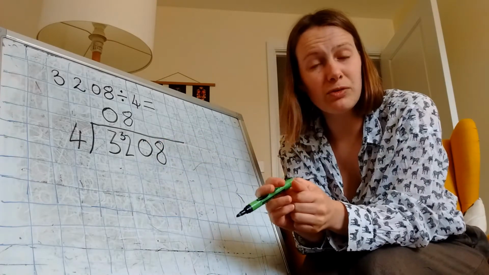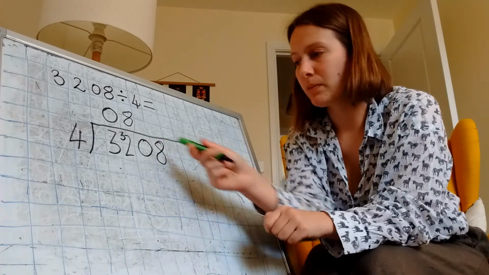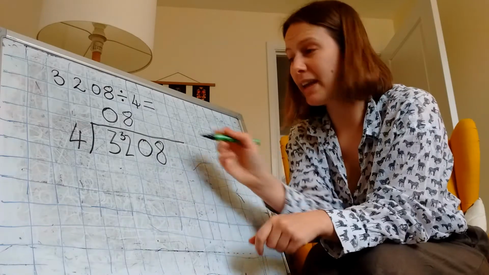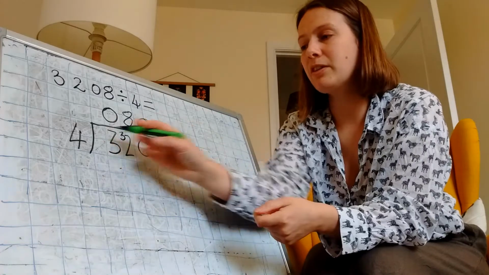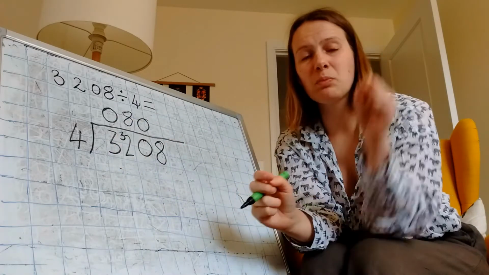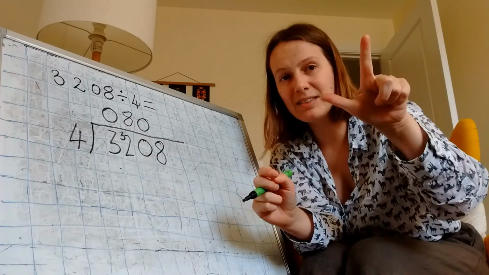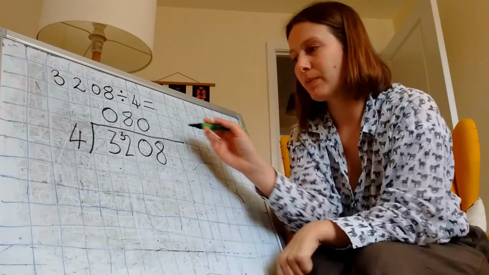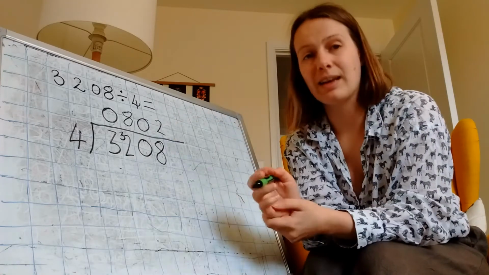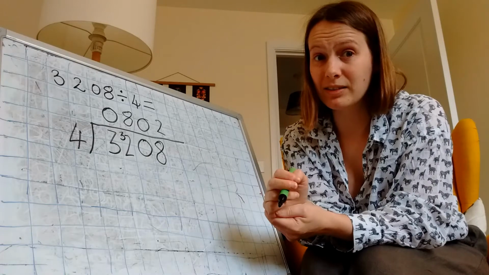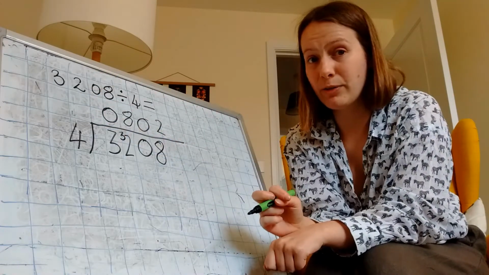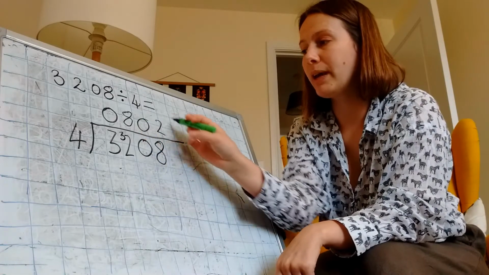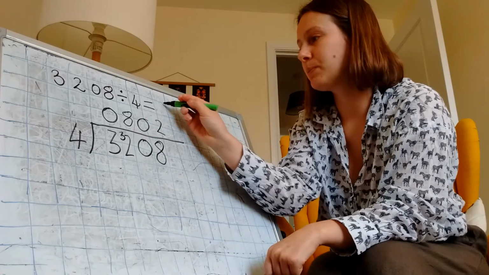How many times does 4 go into 0? Goes in 0 times, and again it goes in exactly. And how many times does 4 go into 8? 4, 8. So it goes in twice. Exactly. So our answer to 3,208 divided by 4 is up here. It's 802.